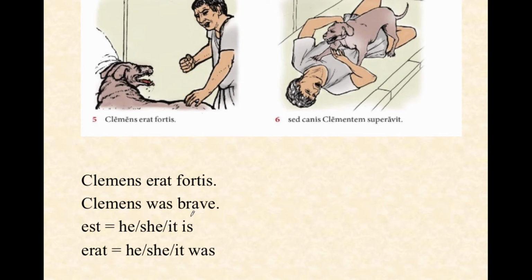Every other verb besides erat has the BA that I told you is the mark of the imperfect. So it is still very convenient to learn BA means imperfect, but just remember the single exception. Erat is the imperfect of the verb to be. It means was. The plural, just like you would expect, is erant. They were.